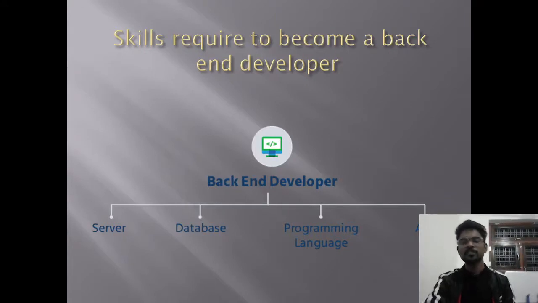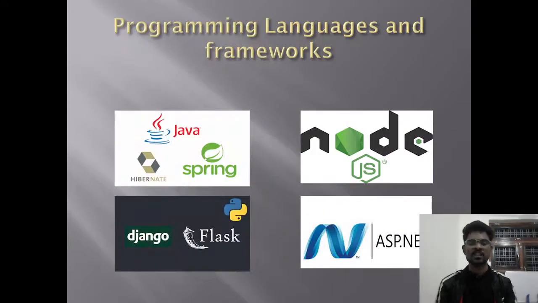Let's start with programming languages. There are plenty of programming languages available in the market, and you can go with at least one of them. Java has great libraries and frameworks like Hibernate and Spring Boot. Node.js is a runtime environment for running JavaScript code, and it has frameworks like Express.js and Meteor.js.